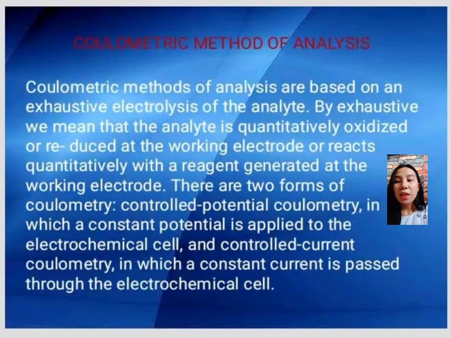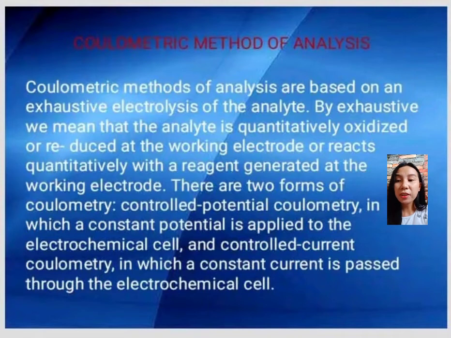Also, there are two forms of coulometry. So what are the two forms? First, the controlled potential coulometry, in which a constant potential is applied to the electrochemical cell.